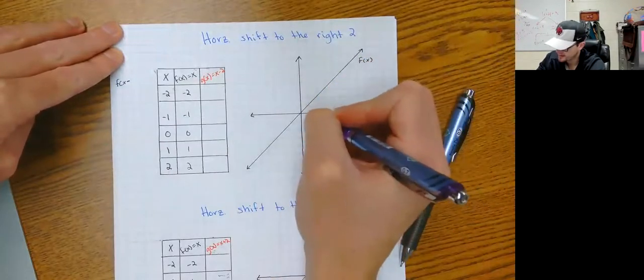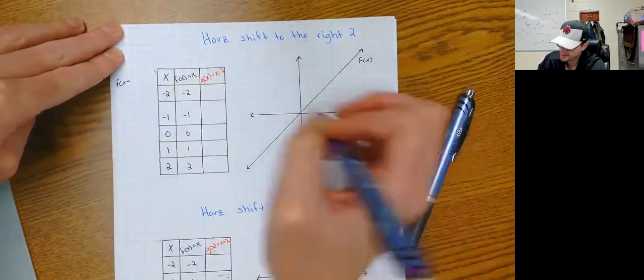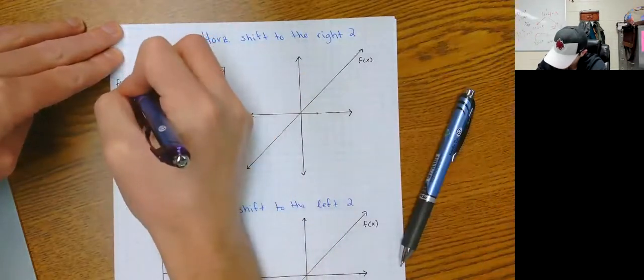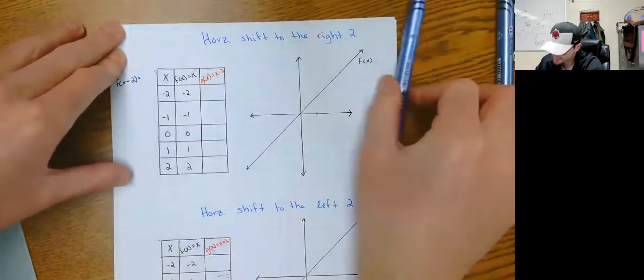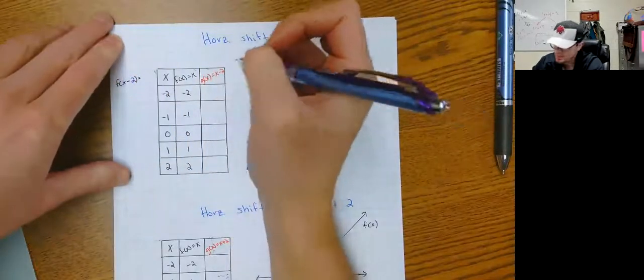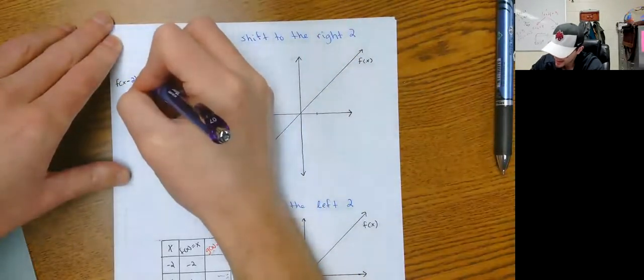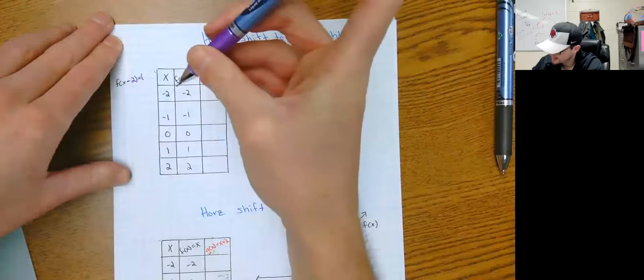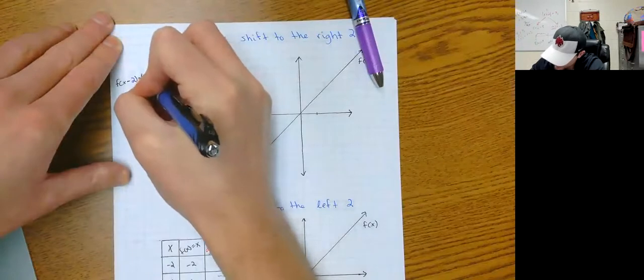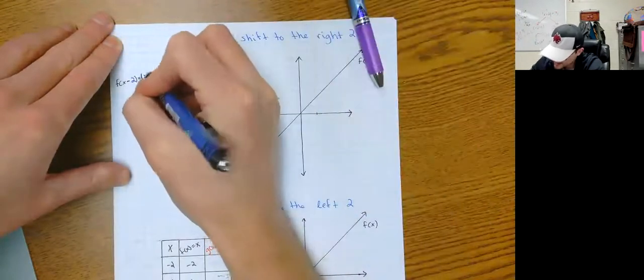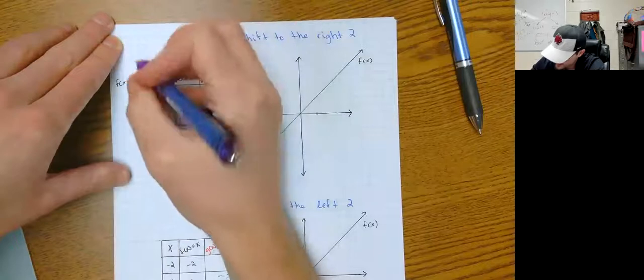And this over here is a positive number. So we are subtracting a positive 2, which means we are going to want to put parentheses around the x minus 2.